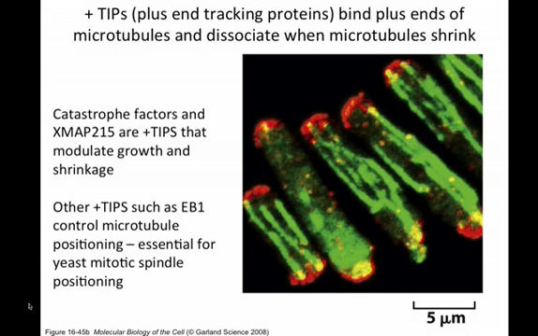So catastrophe factors and XMAP215 are both plus tips that modulate growth and shrinkage. And then there are other plus tips, such as EB1, which controls microtubule positioning, and it's essential for yeast mitotic spindle positioning. Okay, so there's just a whole bunch of proteins that bind to microtubules and affect their functions. That's what it comes down to.